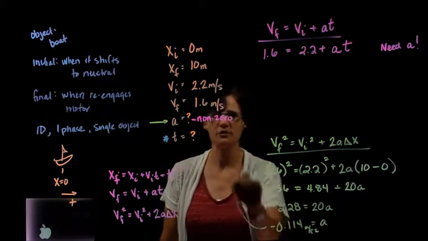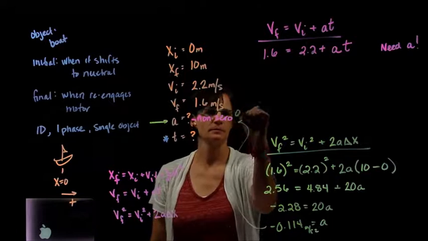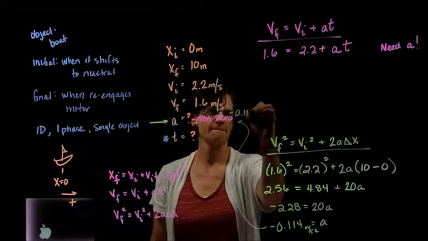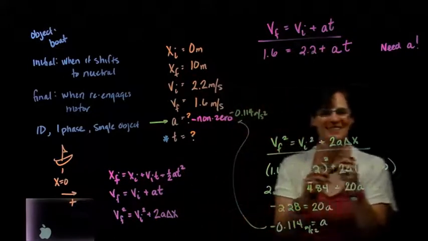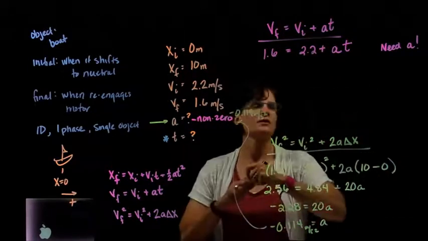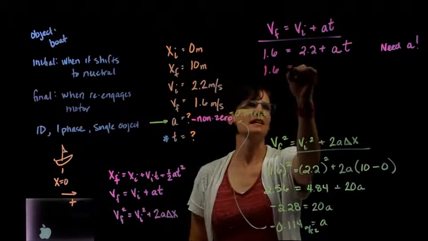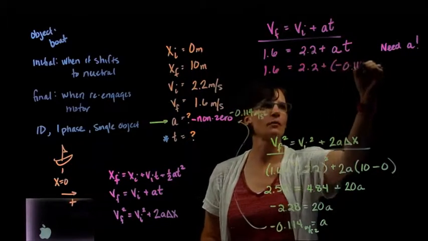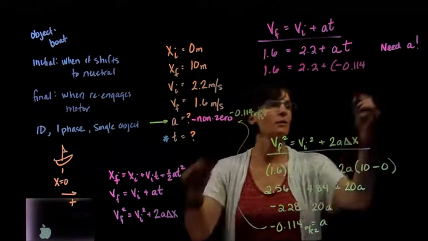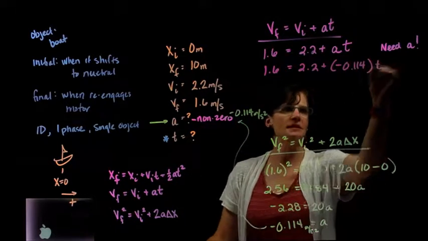So now I can move that into this equation, and it lets me utilize it to solve for my time. So I have 1.6 equals 2.2 plus negative 1.14, and that's good, it's consistent with what we thought it should be, times time.